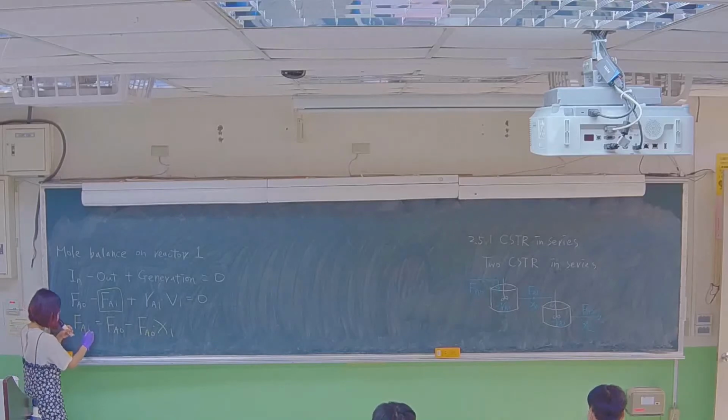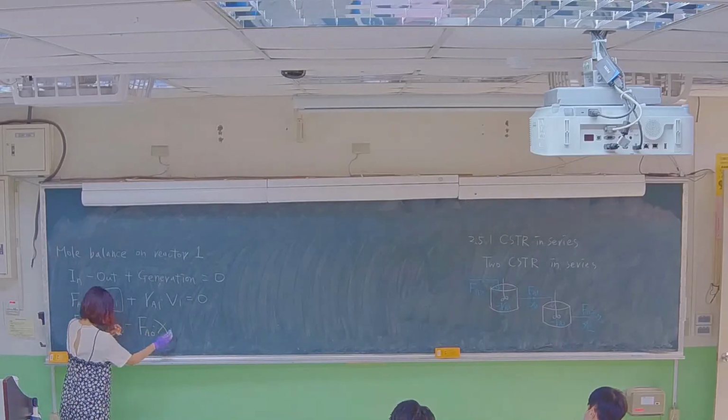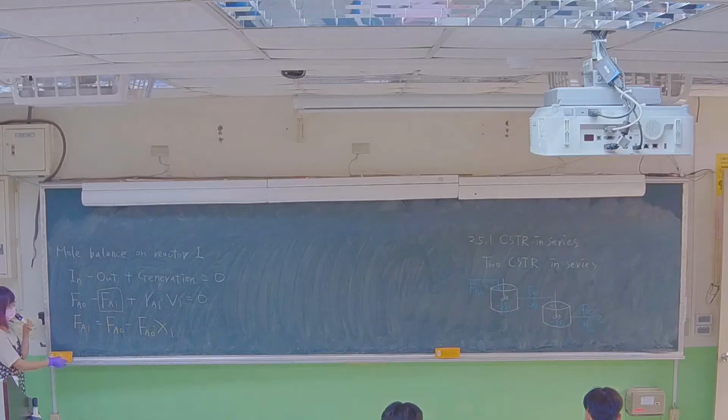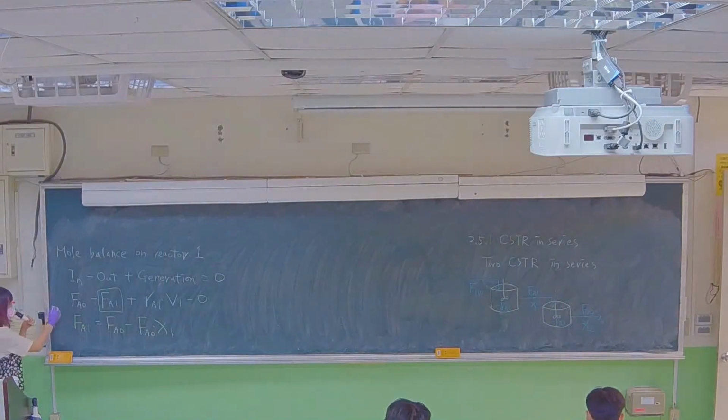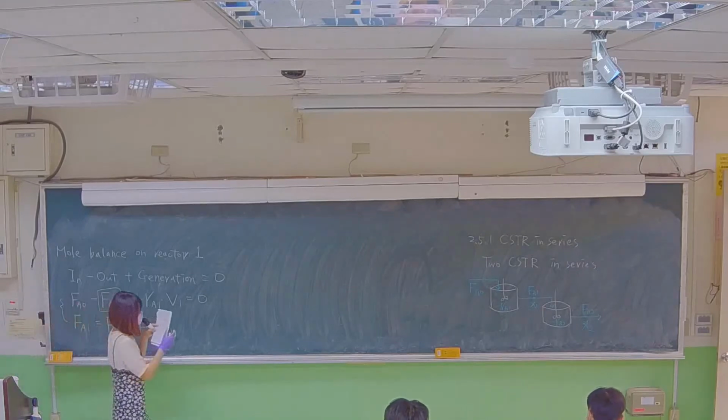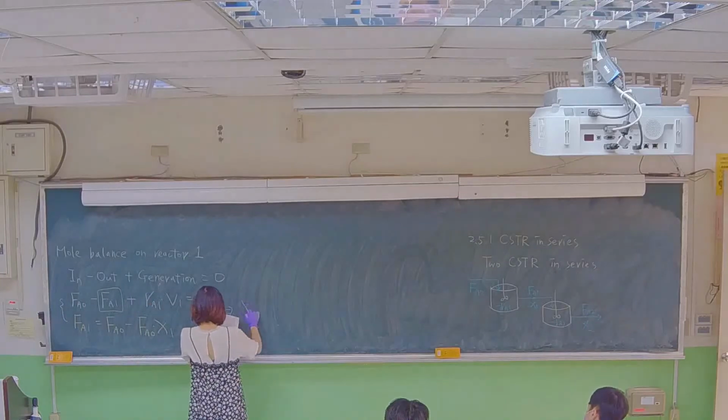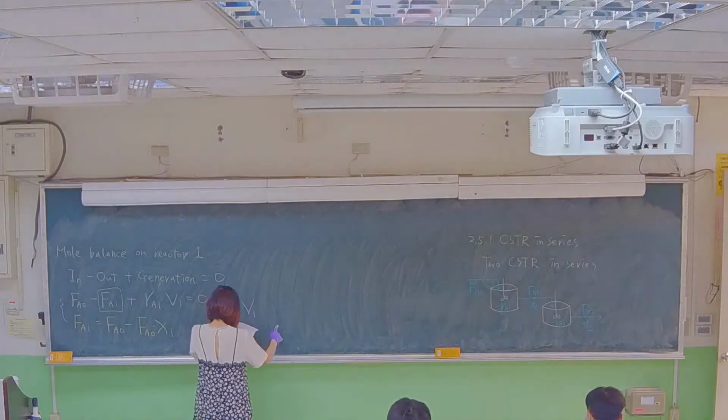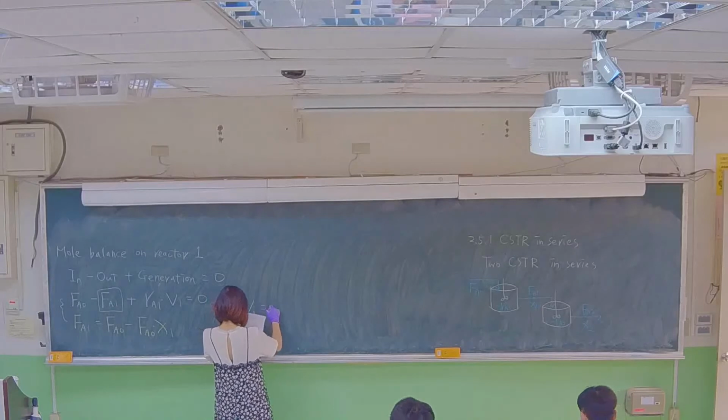So we put a 1 here. We just put a 1 here to represent the reaction after reactor 1. So combine these two. Please combine these two. We obtain the volume of the first reactor.